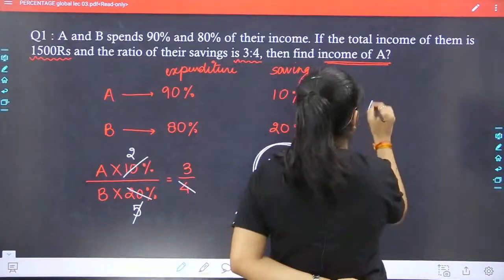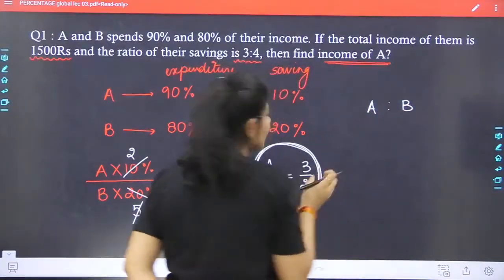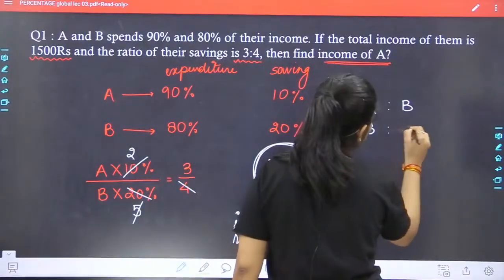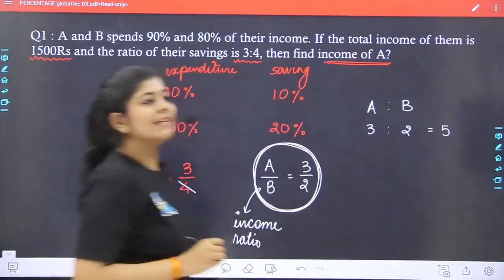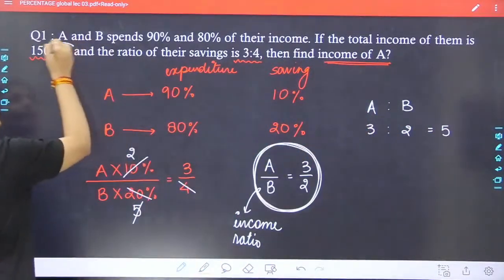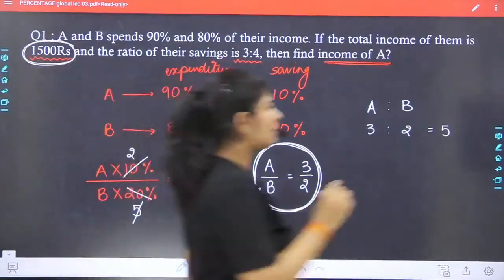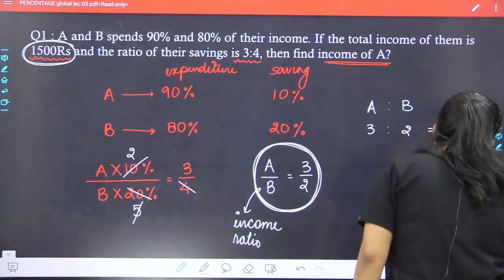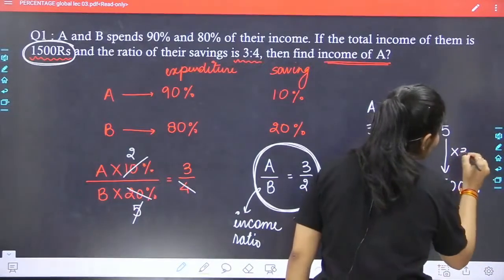So the income ratio of A and B is 3:2. That means it is in multiples of 5. But it is given that their total income is 1500 rupees. That means the value of 5 over here is 1500 rupees, that is, the multiple is 300.